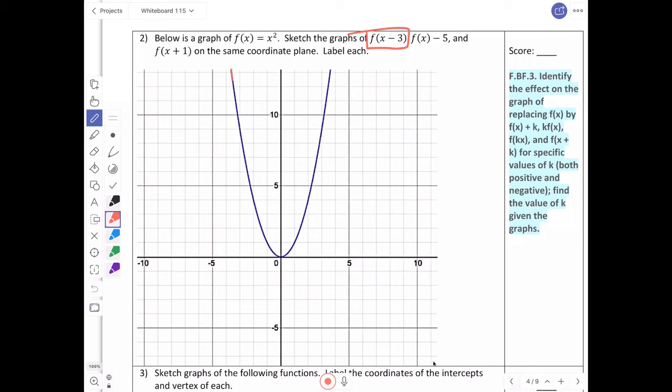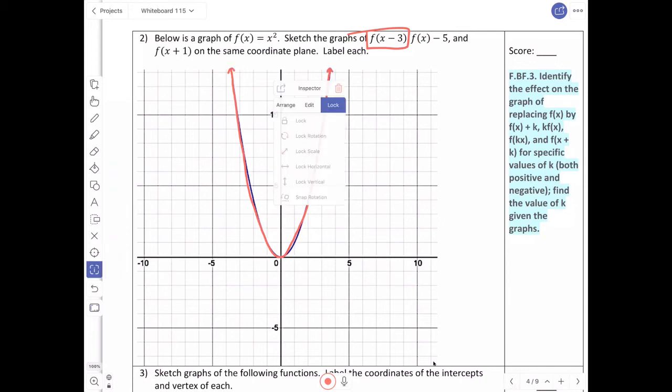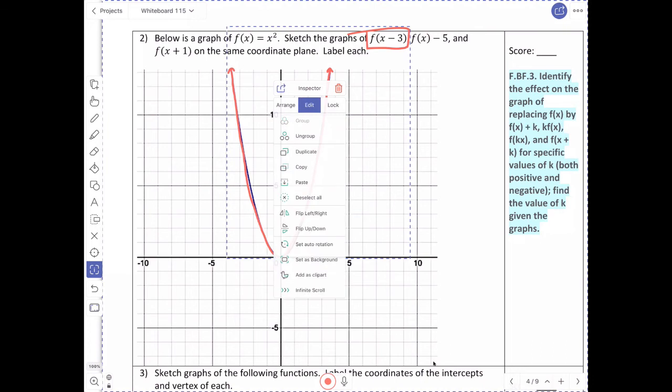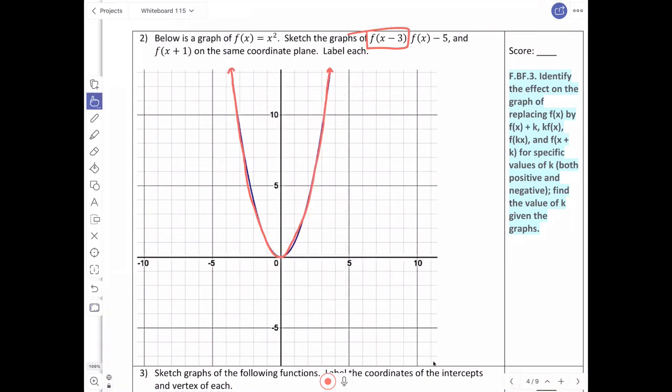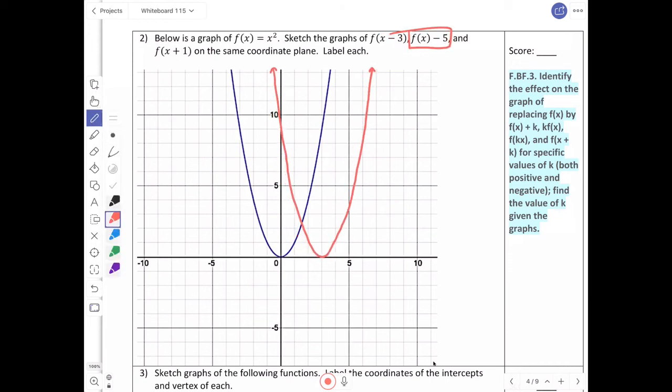So I'm going to copy this parabola that's given, the parent function x squared, and then I'm going to take that and move it 1 space, 2 spaces, 3 spaces to the right.